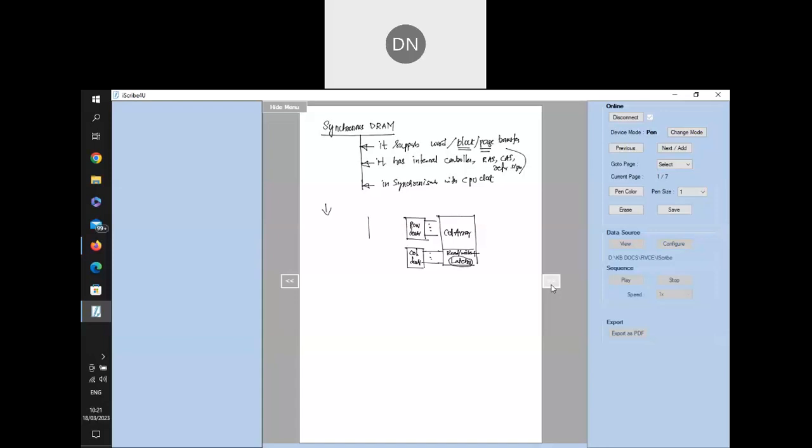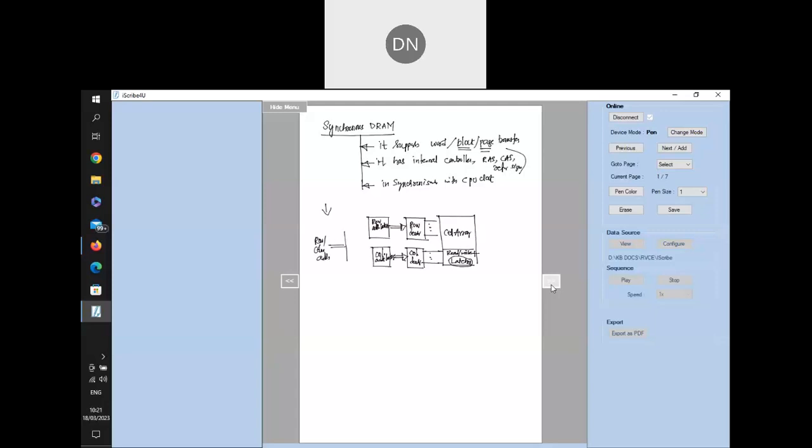Since the address is multiplexed like in asynchronous DRAM, a row address latch is required, which holds the row address. Similarly, a column address latch is present to hold the column address. Now, both row and column addresses are multiplexed.